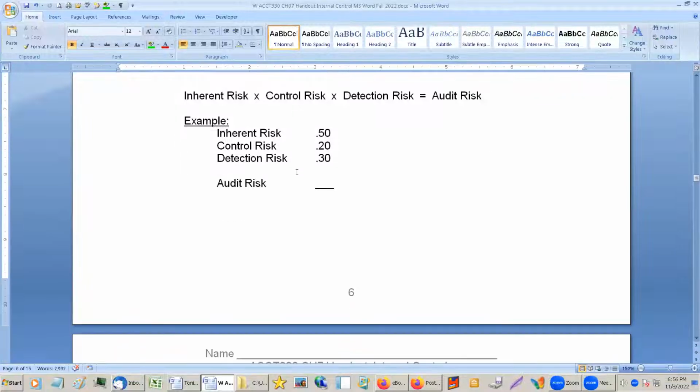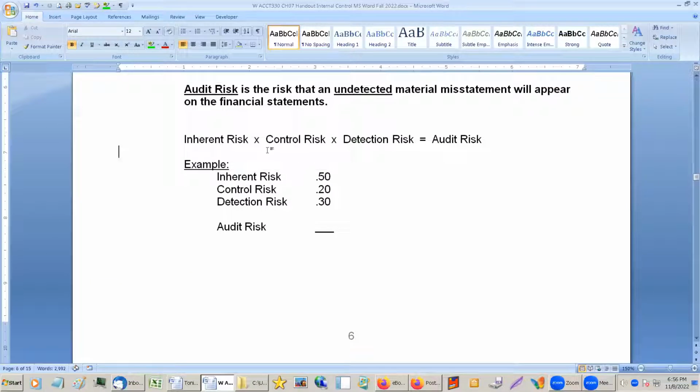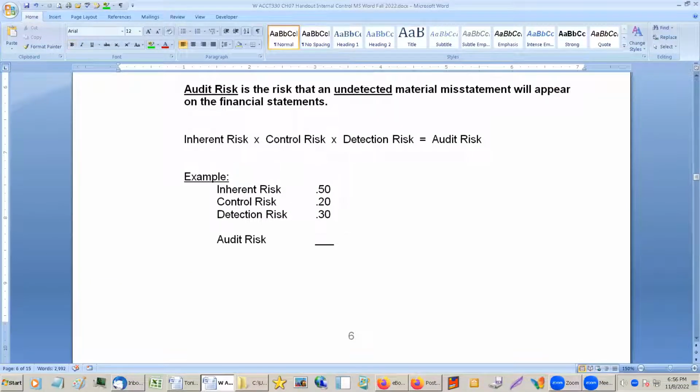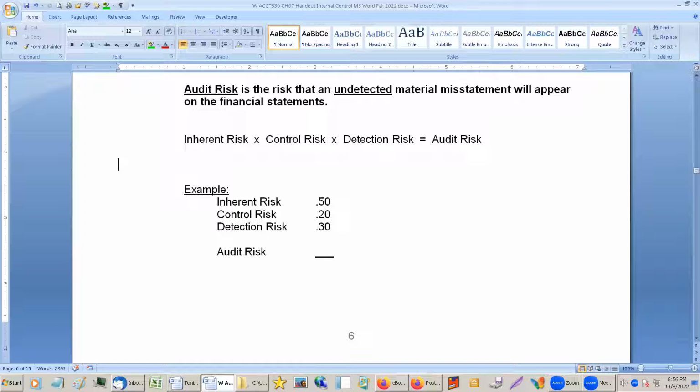And there actually is a mathematical formula that goes along with this. And I know that they've had this on the CPA exam at least a couple times. I don't know if any CPA firms actually do this, but anyway, you simply multiply out the risk. So for instance, we have an inherent risk of 50%. The risk the controls are going to miss it is 20, and the risk that the auditors will miss it is 30.